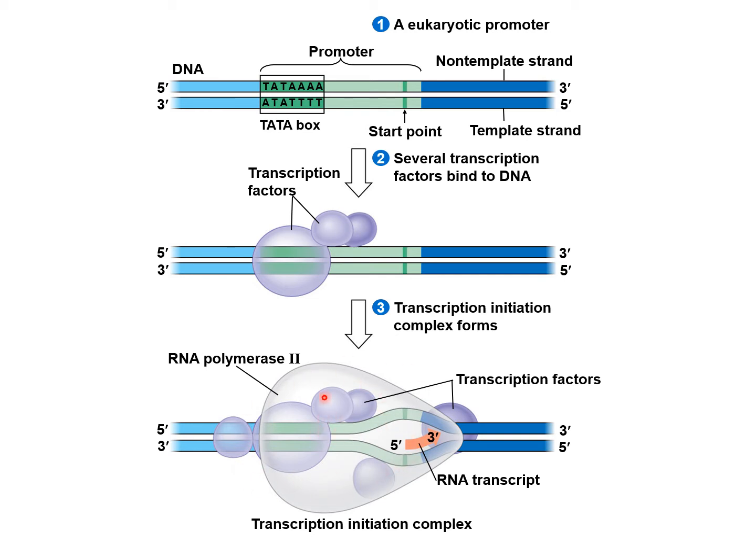Their transcription factors do a lot of things either to help or inhibit RNA polymerase from binding and melting the DNA to start transcription. But again, the key things are we have a promoter, we have transcription factors, we have RNA polymerase 2. When they all bind together, we have the transcription initiation complex.